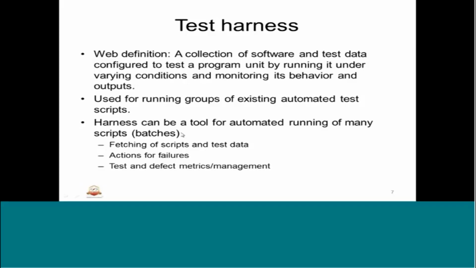So that is nothing but the test harness. The test harness could involve many things such as invoking a simulator or emulator, or test drivers could be involved as well.